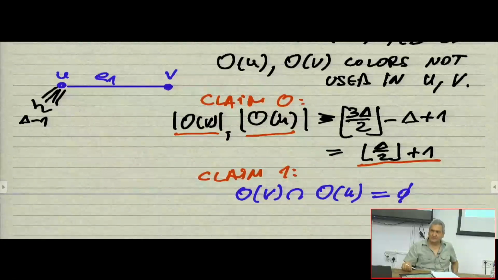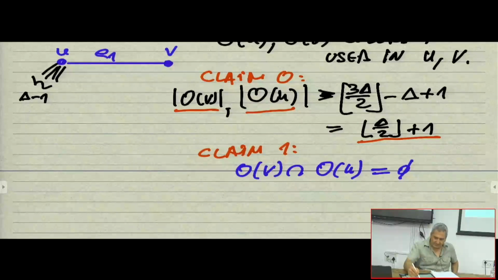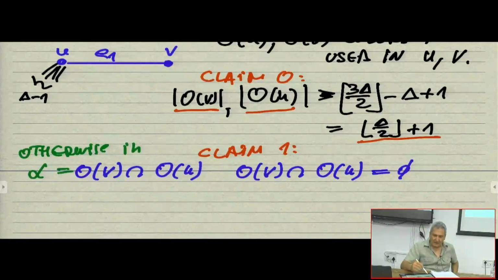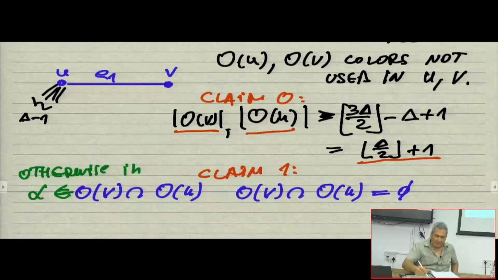Otherwise, if alpha belongs to the intersection, then we can put alpha here.